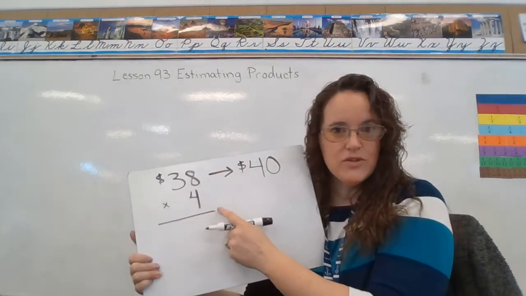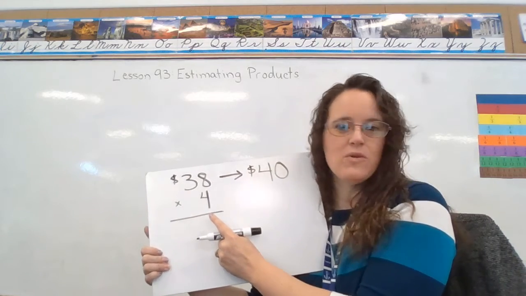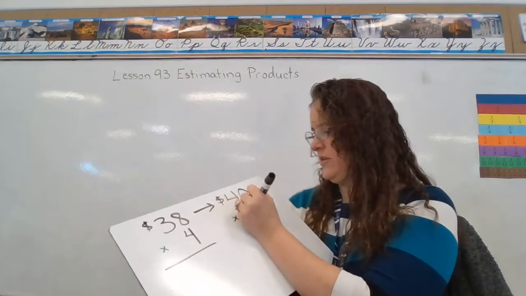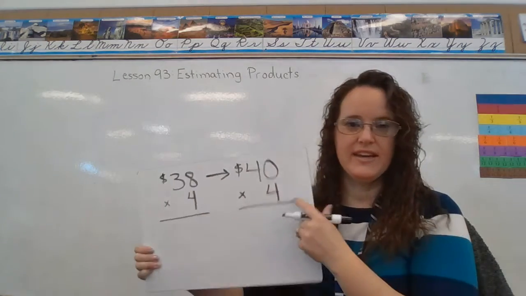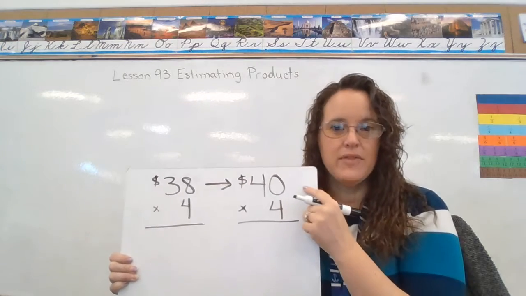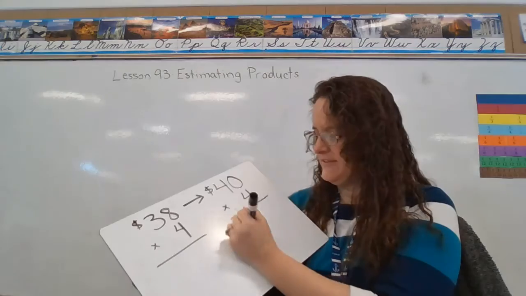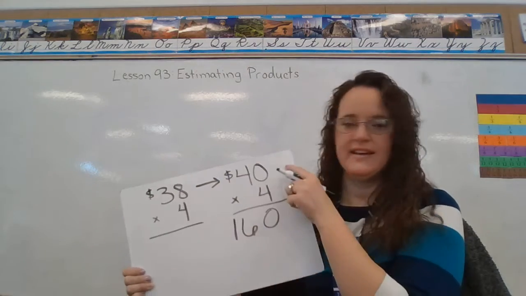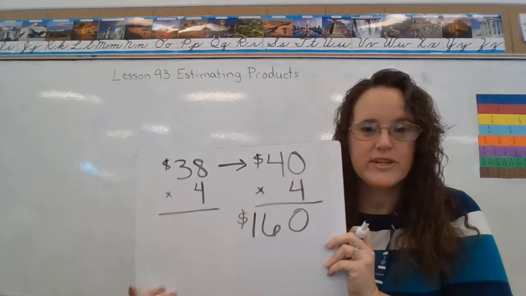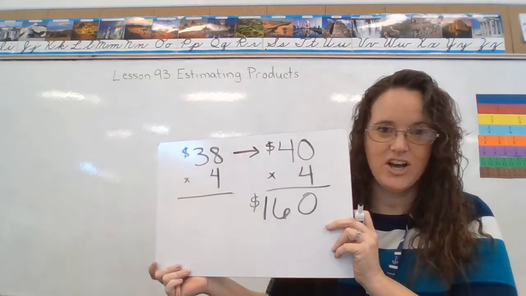When we have a single digit, just one digit, we don't round that because we can do 40 times 4 really easy in our head. So we leave those single digits alone and we just round the big number. Now 4 times 4 gives me 16, and I'll tack on my 0 there. So the 4 tickets are going to be approximately $160.